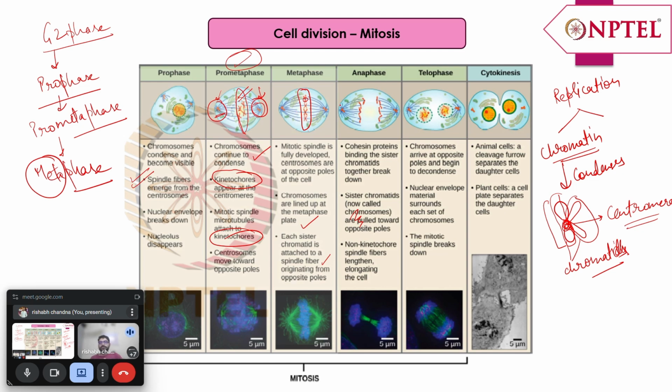Okay, so now from here the major division starts. This was the arrangement. Now from here the division starts. So next comes the phase called anaphase. In anaphase, the mitotic spindle now tries to move to the opposite poles. So the centromere actually divides from the chromosomes.